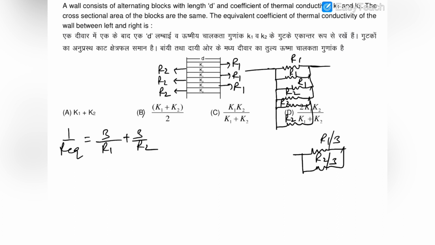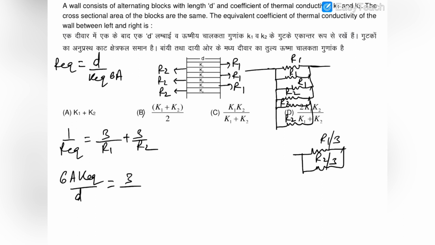Now the equivalent resistance, R equivalent, will be equal to L by KA, and L is D and K is K equivalent, and the total area, let's suppose the area of single slab is A, then the total area would be 6A. So R equivalent will be equal to D divided by 6A into K equivalent, and this is 3 by R1, where R1 is equal to D by A K1.